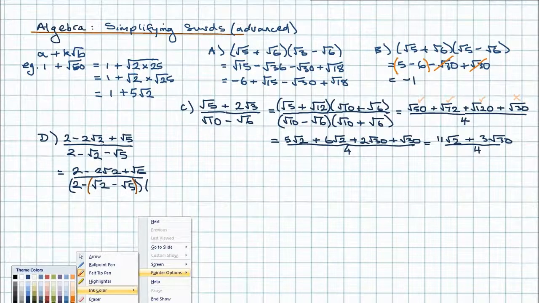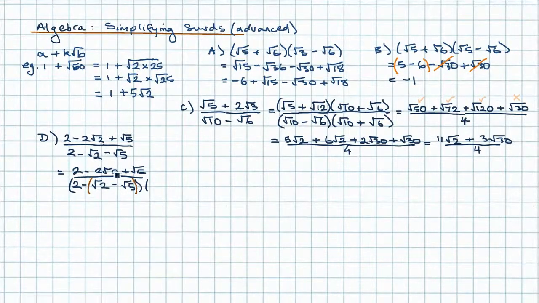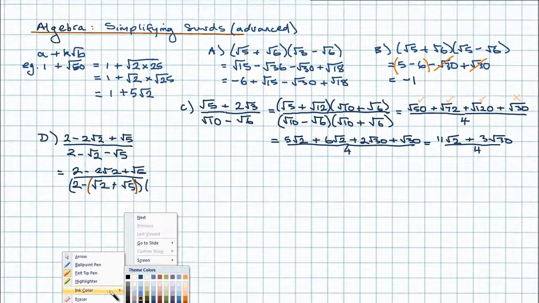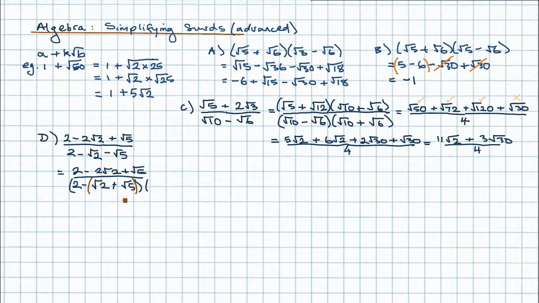So if I just change the colour of my pen here, and put brackets in there now, I haven't changed anything, but I've got 2 minus root 2 minus root 5. So in the brackets I've got root 2 plus root 5. Now that's very important, because what I've done by bracketing this out, if I change colour you'll see what's going on, is I've created a quantity here which I can think of in terms of x.